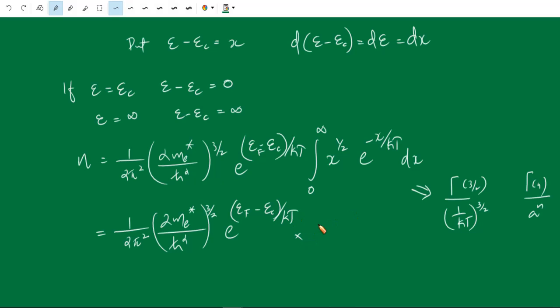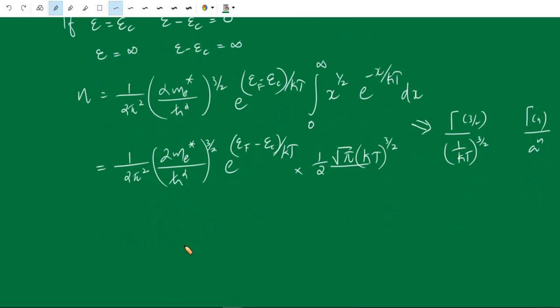This integral result will be gamma of 3 by 2, which is 1 by 2 into root pi, divided by (1 by kT) whole raised to 3 by 2. So this will be kT whole raised to 3 by 2.